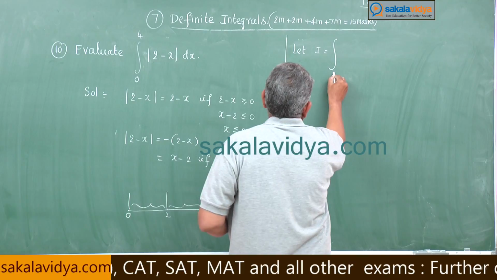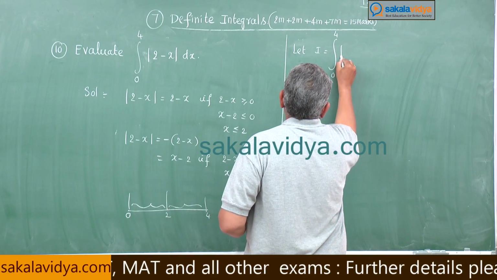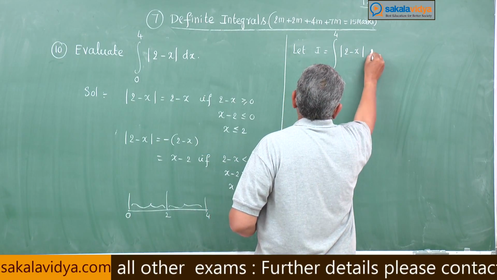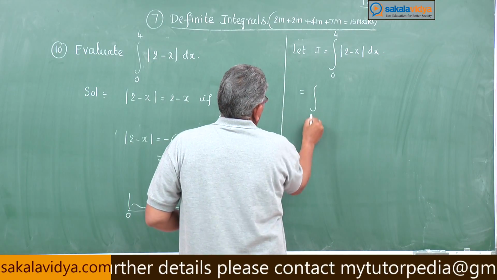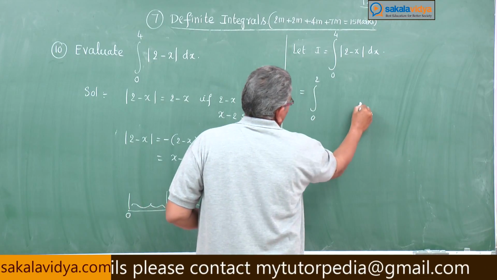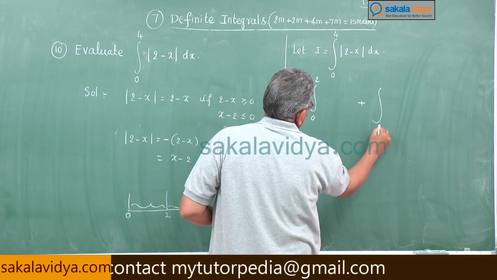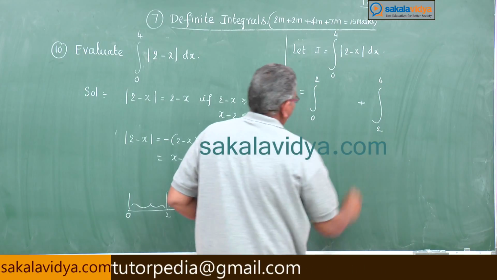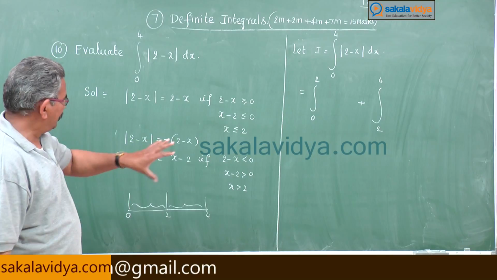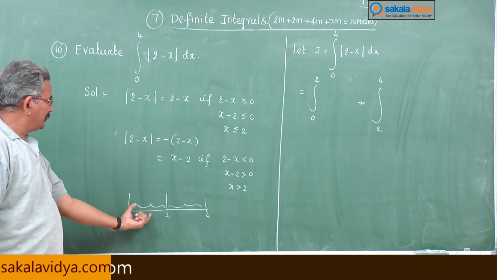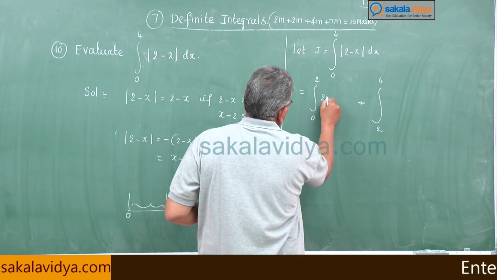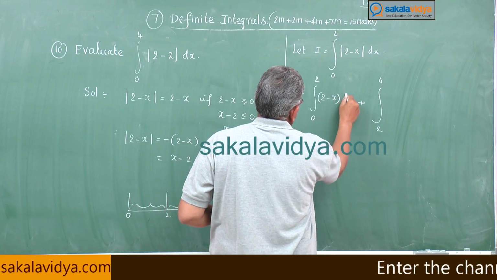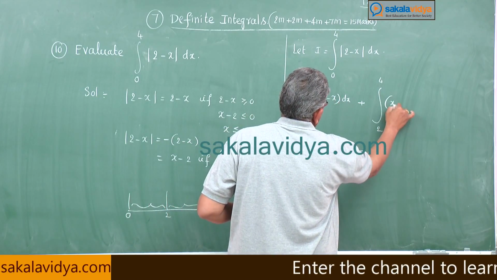Now, let I be equal to the integral from 0 to 4 of mod of 2 minus x dx. This can be written as the integral from 0 to 2 plus the integral from 2 to 4. Integral 0 to 2, less than 2, that will be 2 minus x, so you write 2 minus x dx. This will be x minus 2 dx.